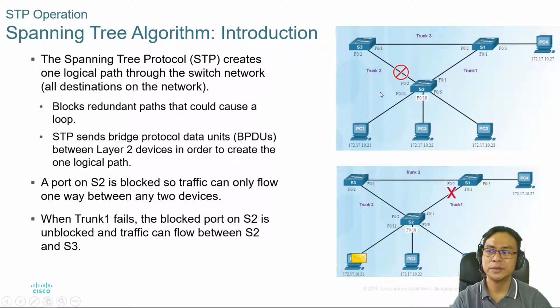So, the bridge protocol data units will be utilized by the STP. Okay? Siya yung magsesend nun. Tapos pagka nakita na niya ngayon, nakapag-compare na siya from different values. For example, S2 will send BPDU to S1 and S3. S2 and S3 will compare. Tapos pag na-compare na niya, mamaya sasabihin ko kung ano yung kinukompare. Then, yun yung magiging bago.